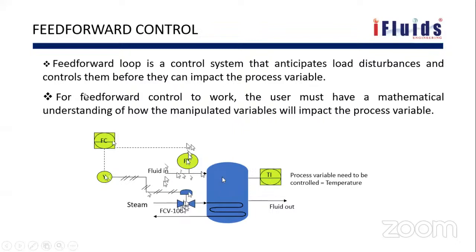We are avoiding any disturbance in the process. Whatever disturbances are in the upstream of the process, we are taking note of it, comparing, and then adjusting our process to accommodate that disturbance. So this is feed forward control. I'm controlling the disturbance well in advance.